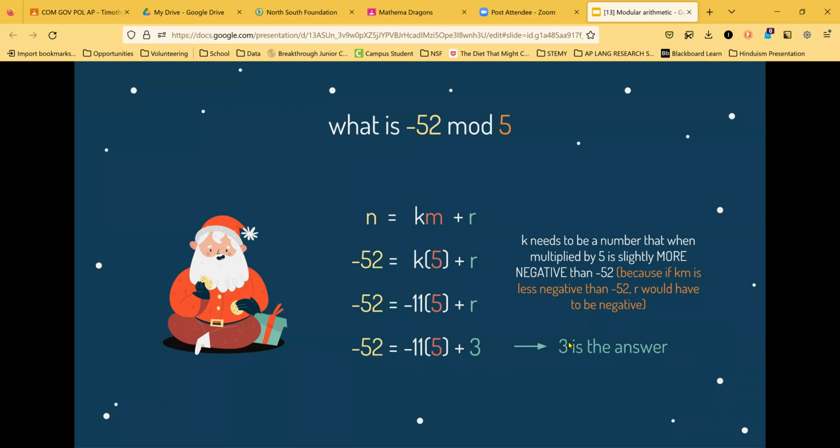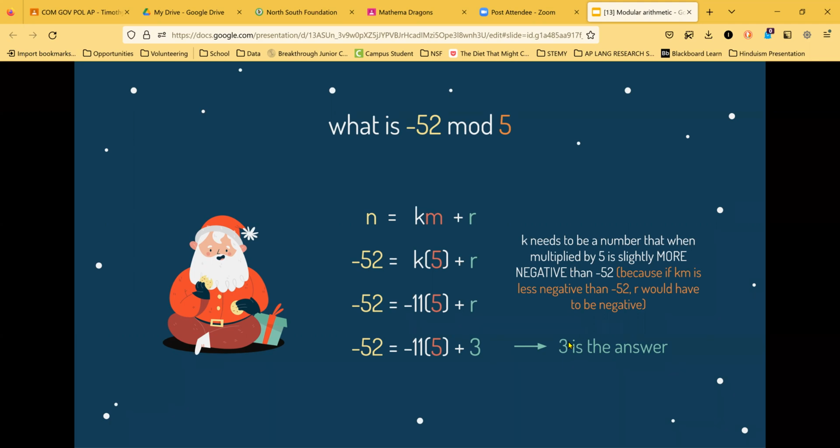That means there's a number between 0 and 5, not including 5, that we can add to 5 multiplied by some other number to get negative 52. That might not make a lot of sense, but basically if we multiply 5 by negative 11, we'll get negative 55, and we can add a number between 0 and 5 to negative 55 and get negative 52 from that.